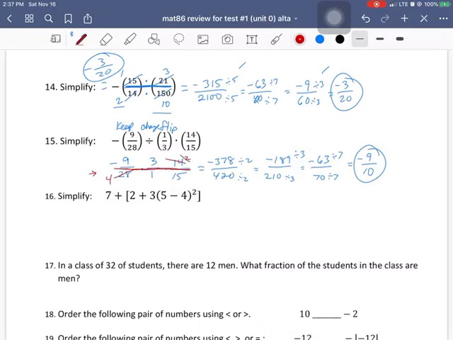That means I could have taken the entire 14 out and gotten a 2. I definitely can take the 3 out of the 15 and get a 5. And I took the 2 away, so that's a 1 now. So 1 times 9, so that equals negative 9 over 2 times 5 is 10. Okay?